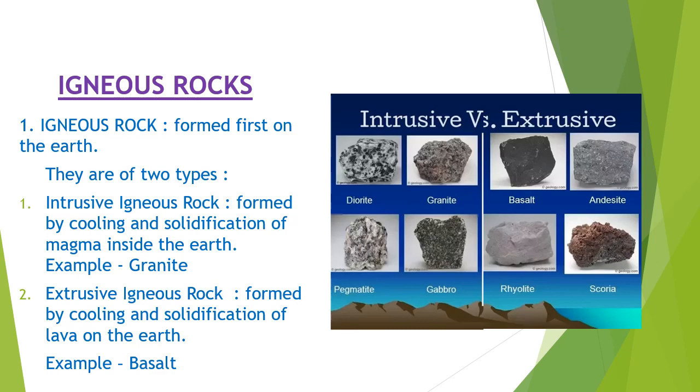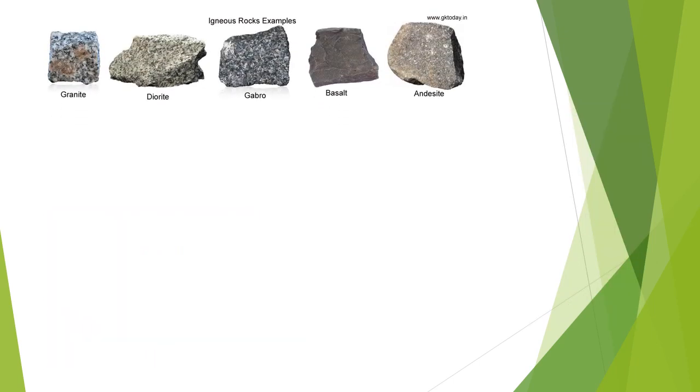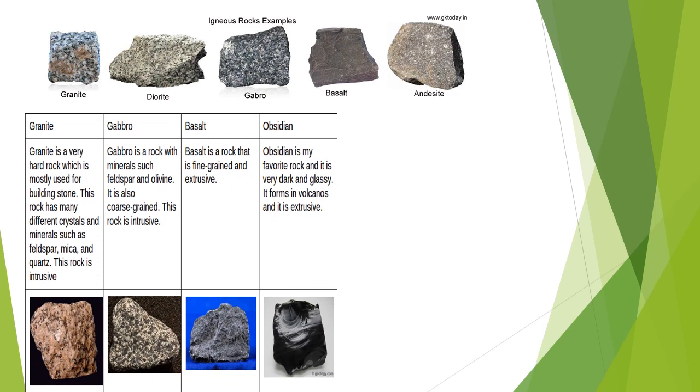All these are examples of igneous rocks: granite, diorite, gabbro, basalt, andesite. Granite and gabbro are examples of intrusive igneous rocks, while basalt and obsidian are examples of extrusive igneous rocks.